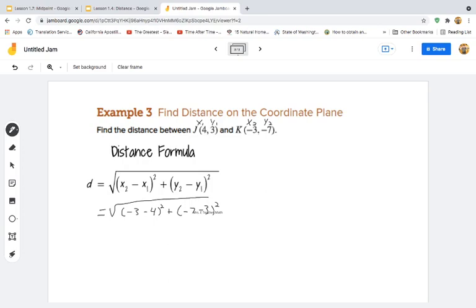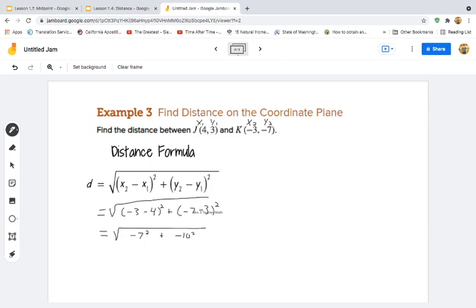Okay, from here we just simplify the parentheses, PEMDAS, right? So we have the square root of -3 minus a 4 is going to be -7 squared, plus -7 minus another 3 is going to be a -10 squared.